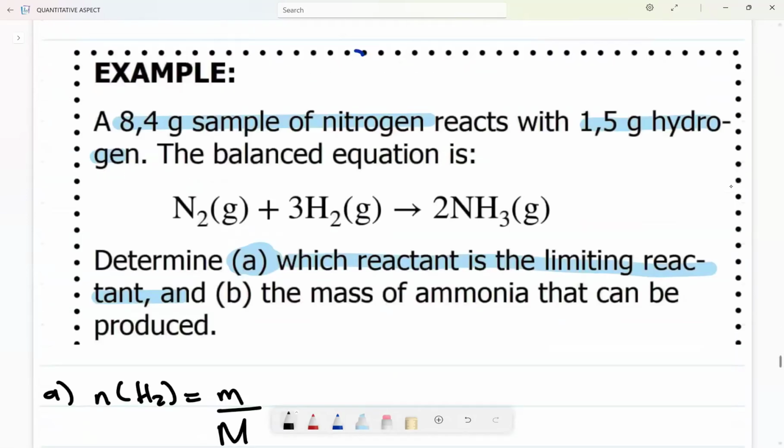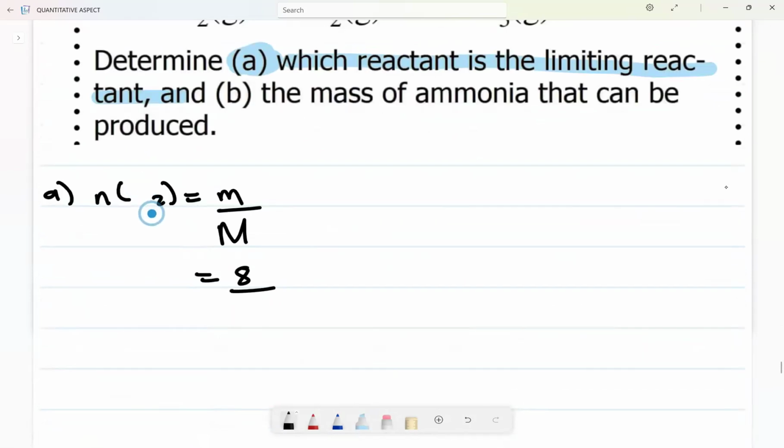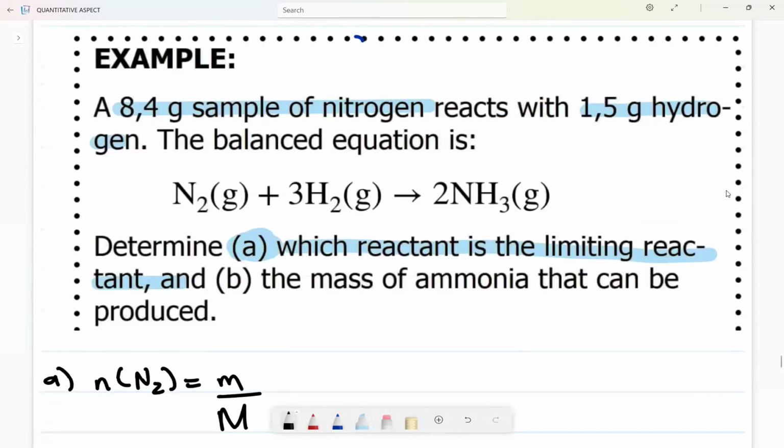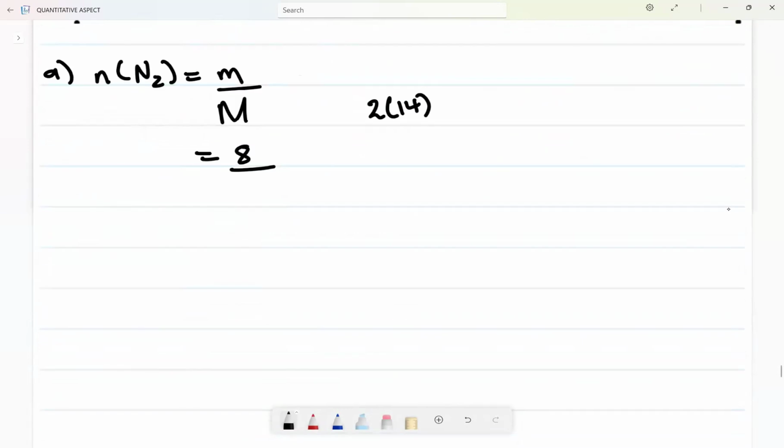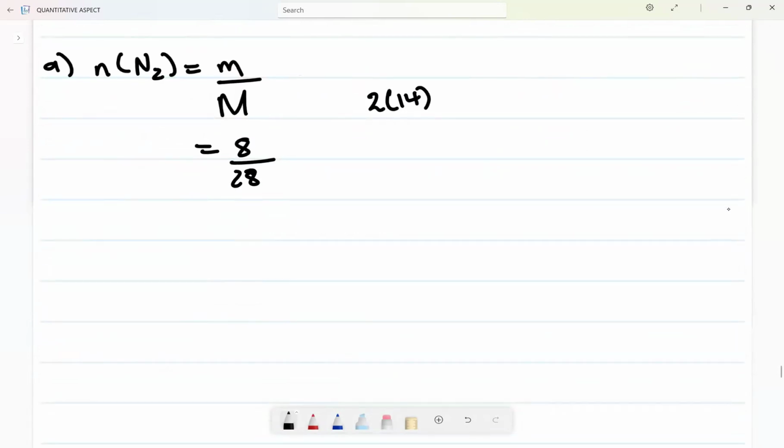What is the molar mass of N2? It is 2 multiplied by N, which is 14, so it's going to be 28. When I punch my calculator, 8 divided by 28 gives me something like 0.33.